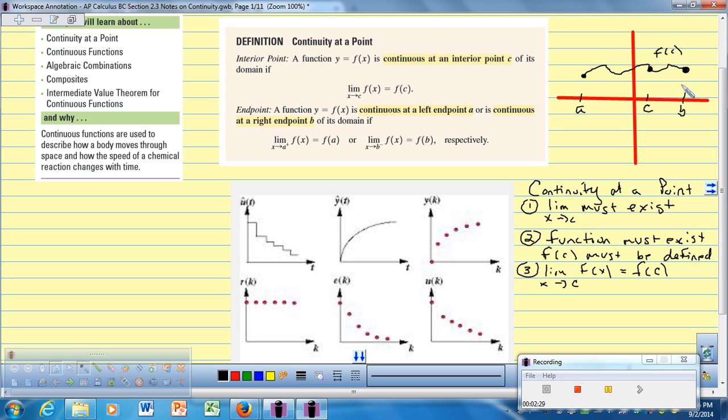So if we were interested in whether or not the function is continuous at x equals b, we would first say, does the limit as x approaches b from the left exist? Does the function value exist, f of b, and are they the same? If we then were interested in whether or not we are continuous at x equals a, then this time when we evaluate the limit, we would only be looking at the limit from the right, because we have no information about the left.